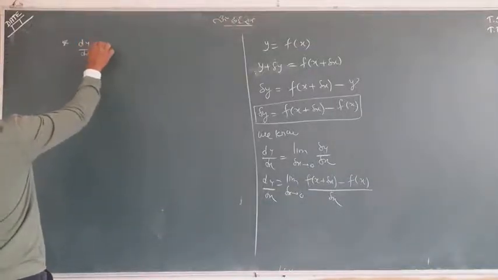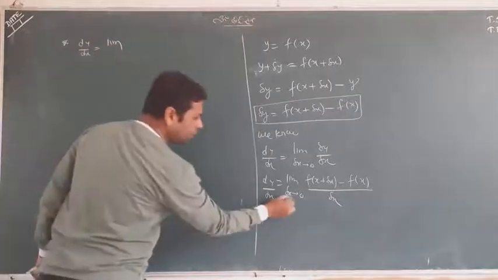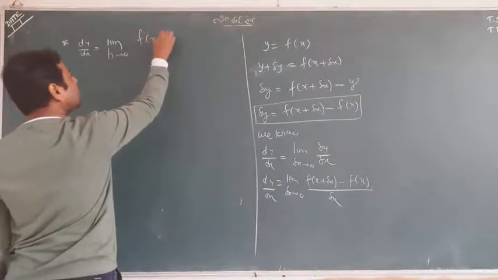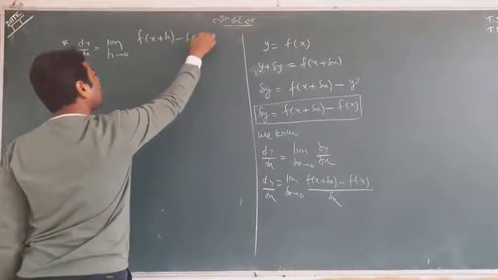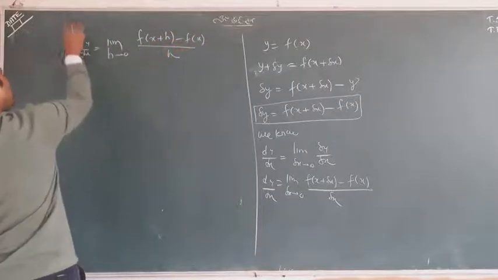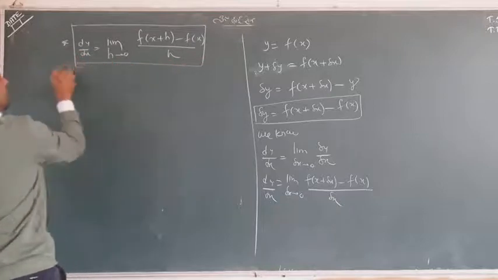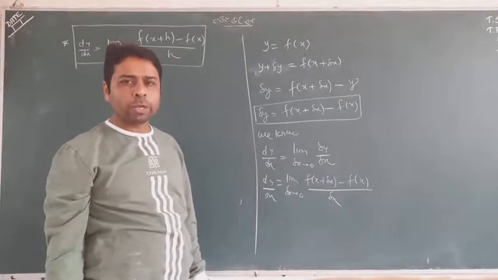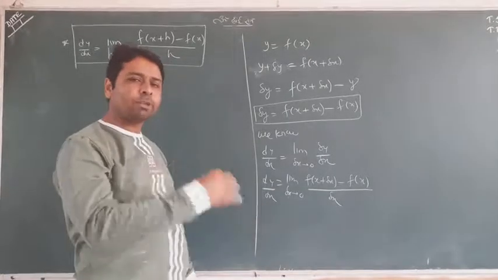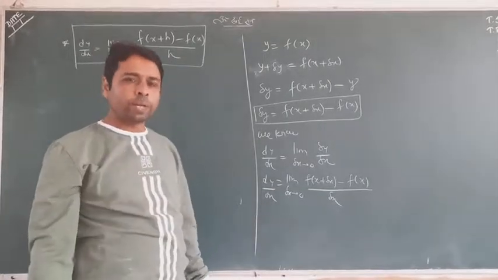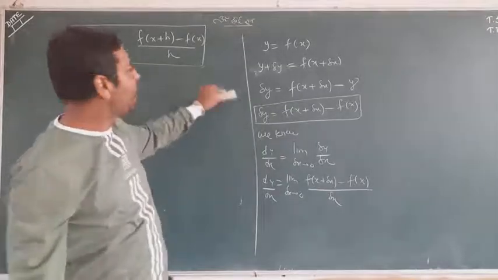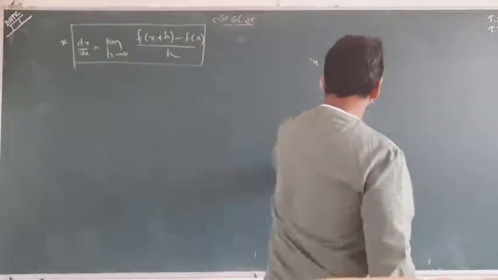I changed this formula: instead of del x, I am writing h, so f of x plus h minus f of x upon h. Nothing changed, but for convenience I changed del x to h. Both have the same meaning. h is also a small quantity, and del x is the same. They play the same role.